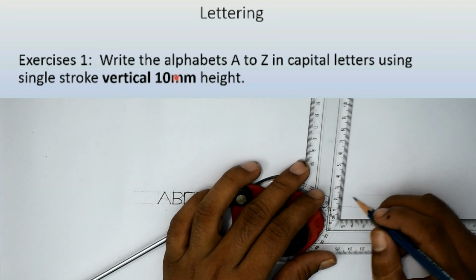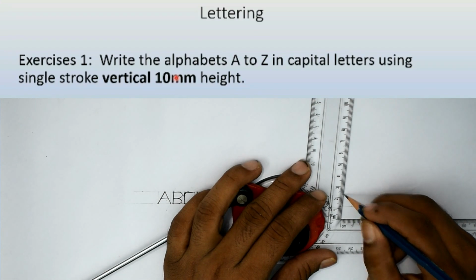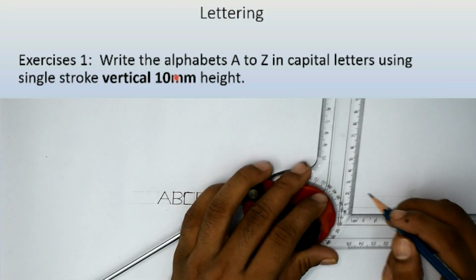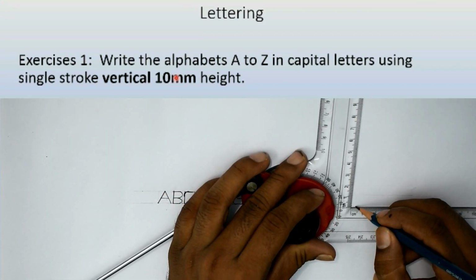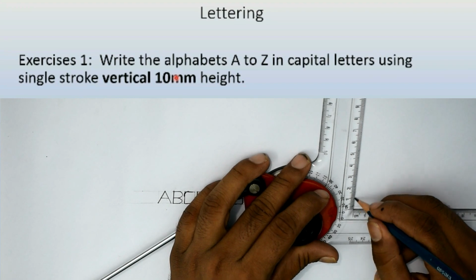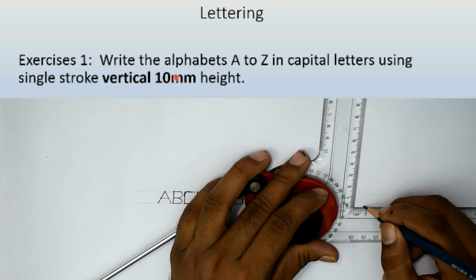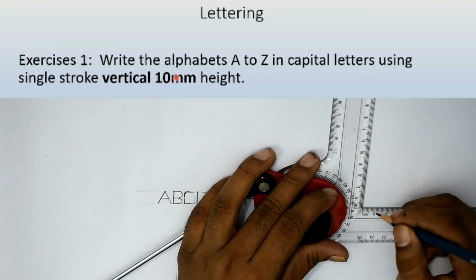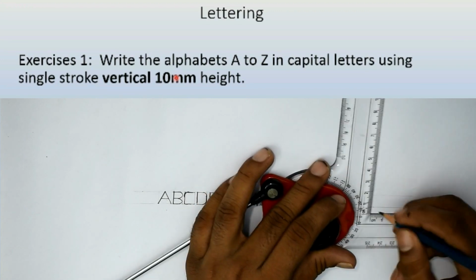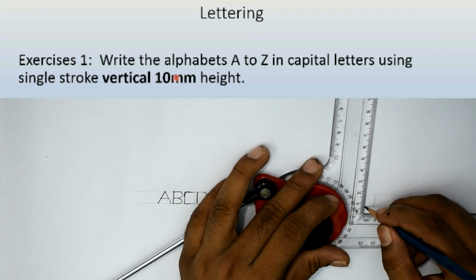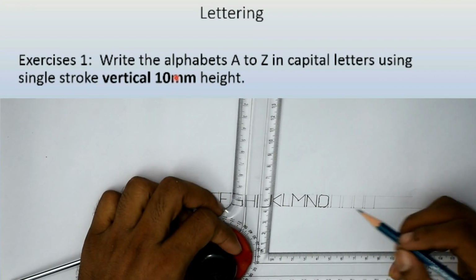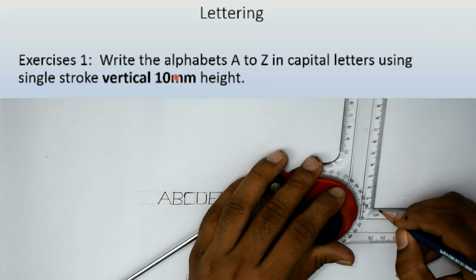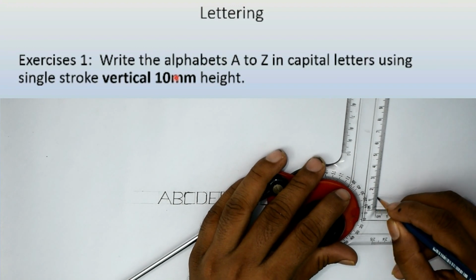This is Q. O, P, Q, then R. O, P, Q, R, S, then here we will get the letter T.